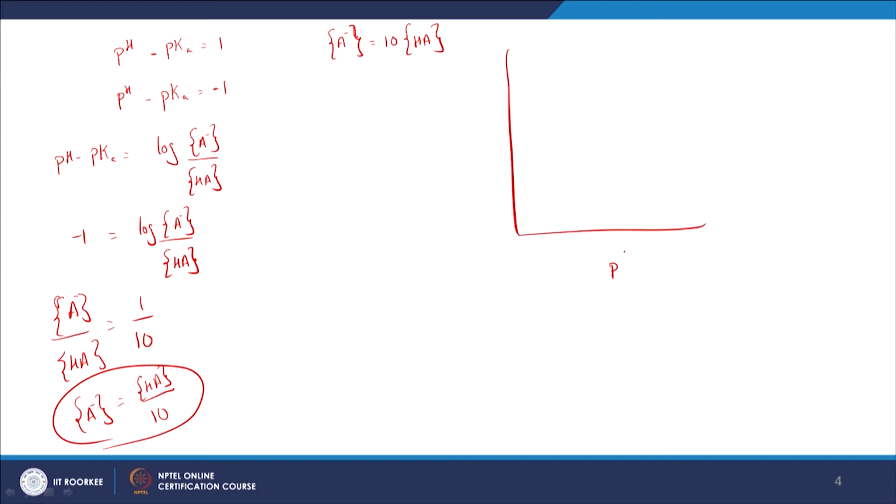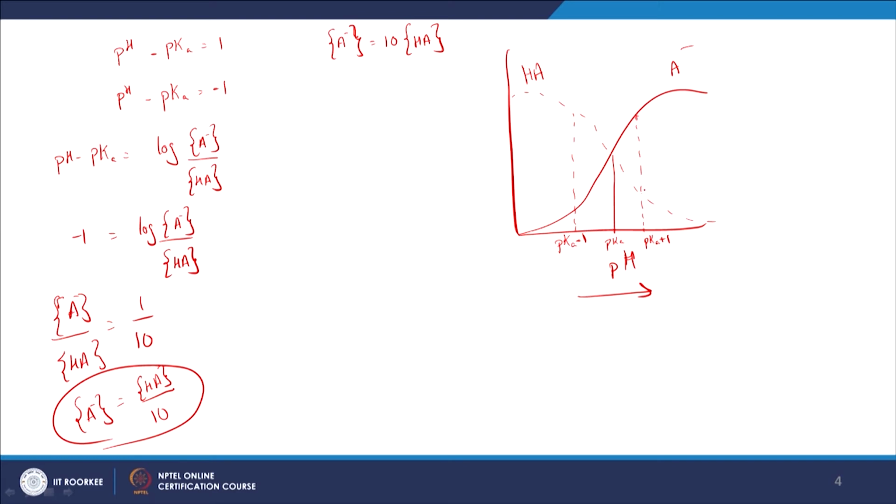So what do we understand from this now? Again, this is my pH axis, this is my HA, this is my A minus, and this is my pKa. This is the graph, where the x axis is pH. So within 1 unit from pKa, pKa plus 1, and 1 unit to the left, which is pKa minus 1, what do we observe? We observe a tenfold increase or decrease in the relevant speciation.